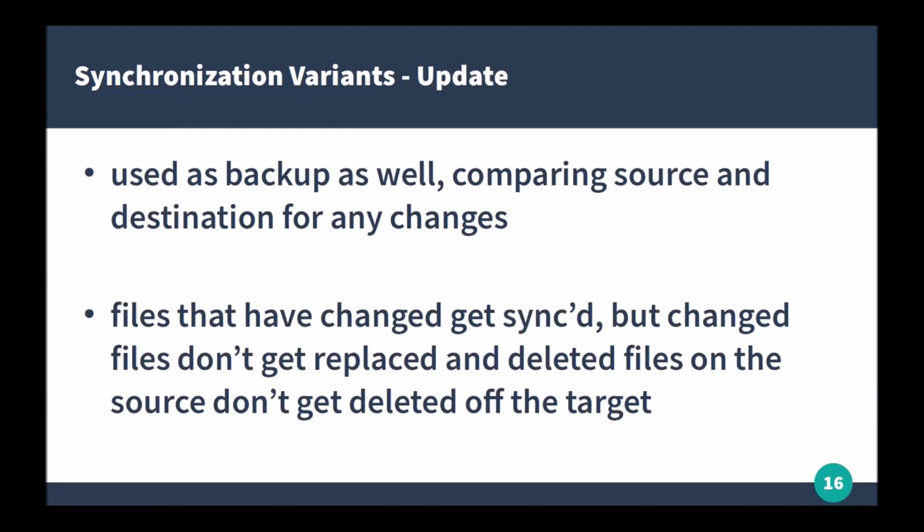Now, this one also has one that's called an update sync. And this one is a kind of a better one to use at times, because after comparison, it does not replace. If you have a new file on your source, and that file exists on the target, update is not going to replace it.